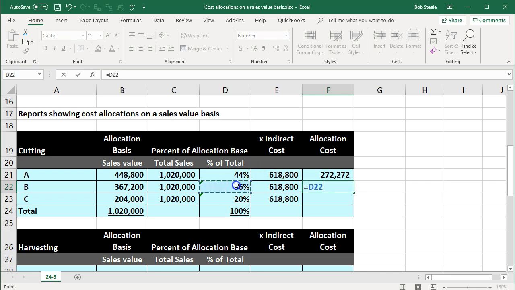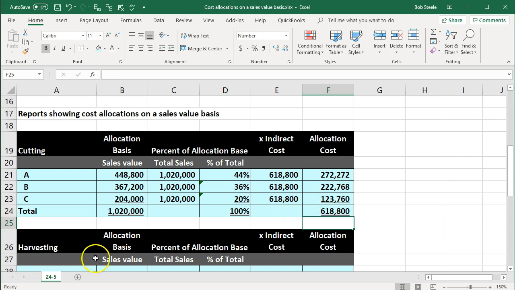This equals the 36% of that cost, and this equals the 20% of that cost. And then if we sum this up, this equals the sum of the 272,272, 222,768, and the 123,760, or the 618,800.